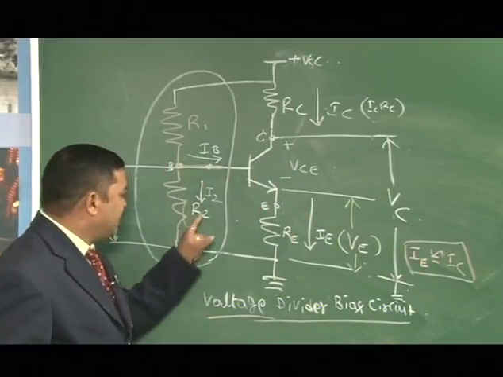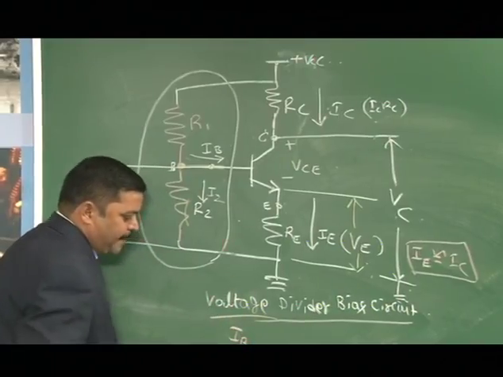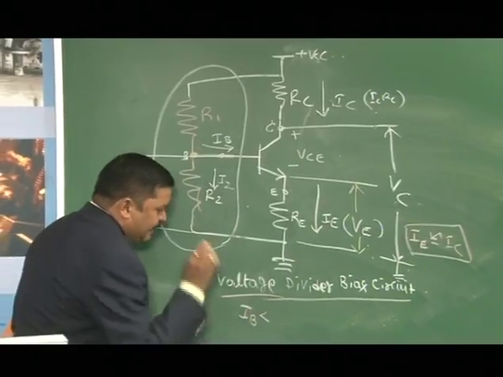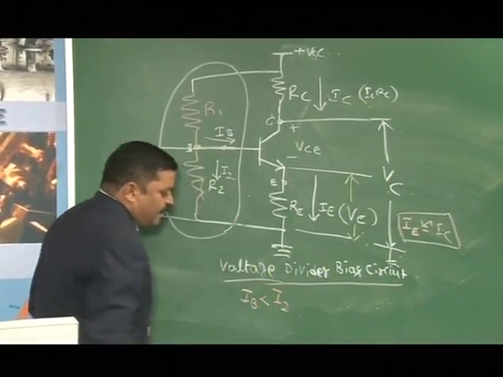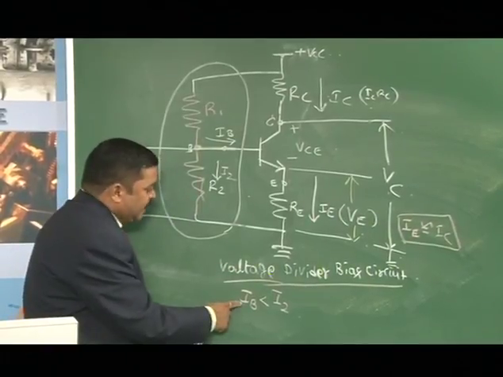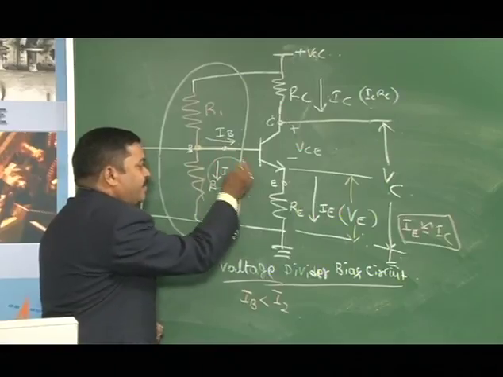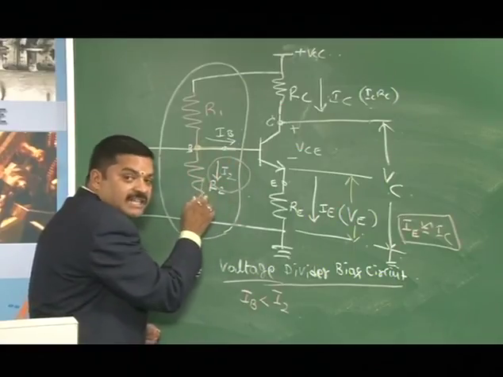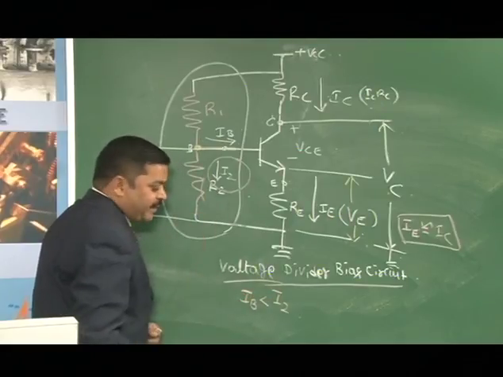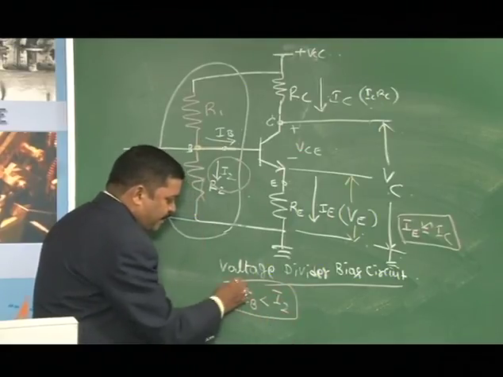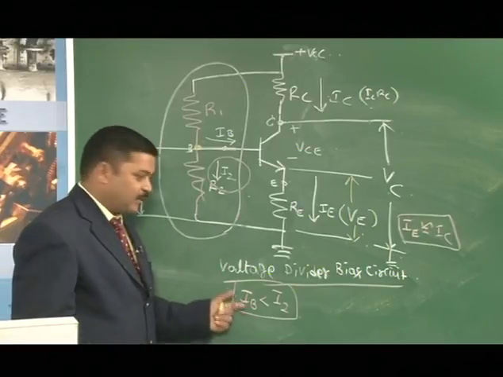So this approximation we will be using in the approximate analysis. That is one point. The other point is, if the base current IB is less than the voltage divider network current I2, I repeat this, the base current IB is less than the voltage divider network current I2, then we will be going for the approximate analysis, and that will be correct only, right?